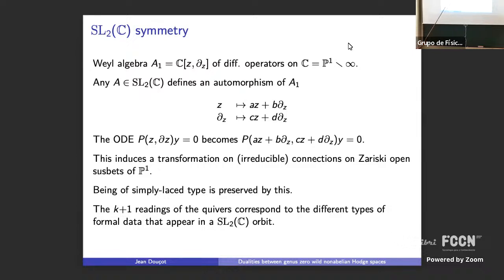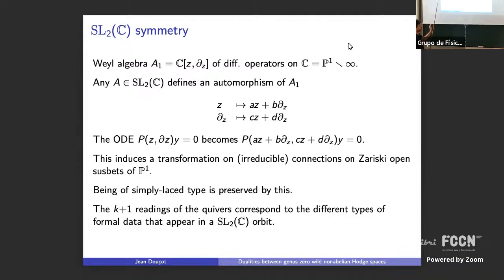And to echo your question about Fourier duality, basically Fourier duality corresponds to the Fourier transform, and the Fourier transform is just a particular matrix in SL2 where z becomes partial z and partial z becomes minus z.